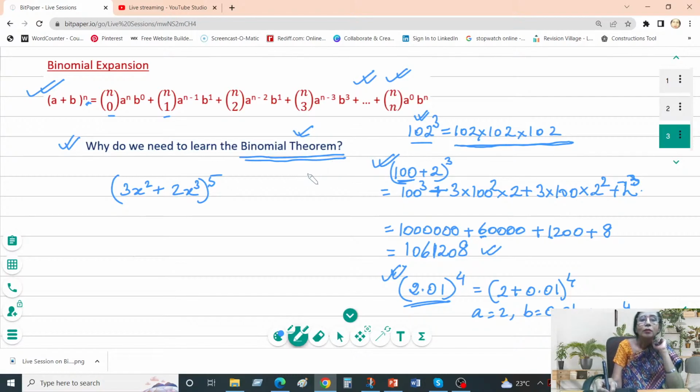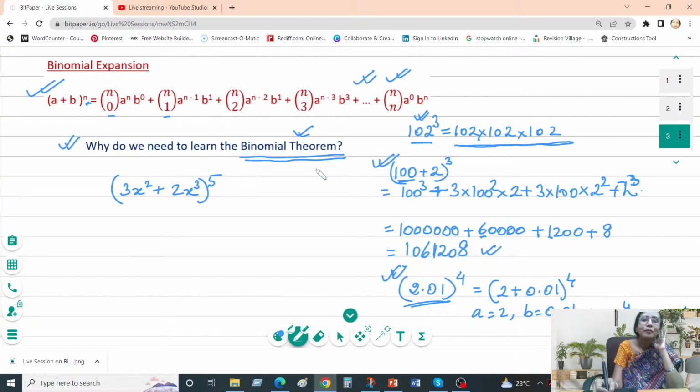So, therefore, this binomial theorem is not an irrelevant topic. Of course, you cannot avoid it. It is in your syllabus. You will be getting questions on this, but it has some relevance. It is not only that because it is in the syllabus, you have to learn it. It has some applications as well.